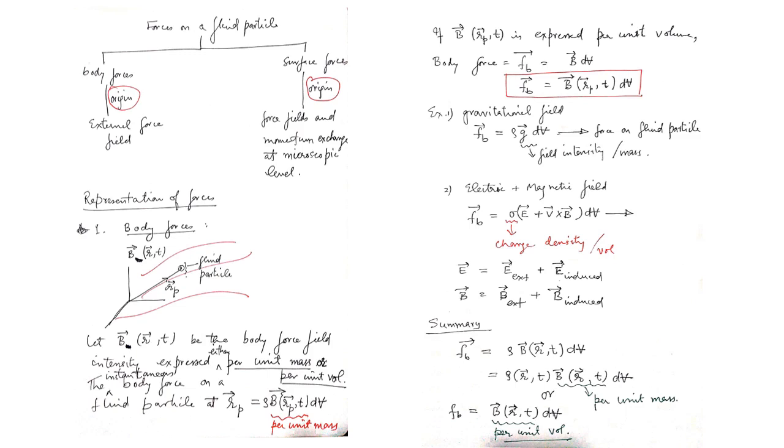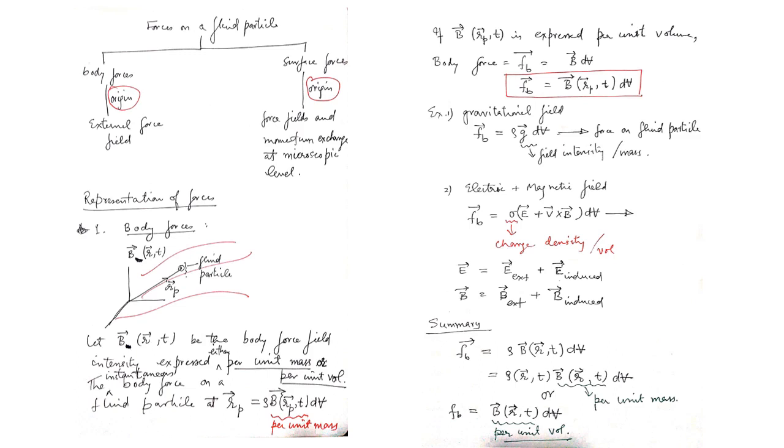Let's take them one by one. Suppose I want to write the instantaneous body force on a fluid particle at the location which has position vector rp. I will simply write it as B, the field at that point, rp, t, at that instant.